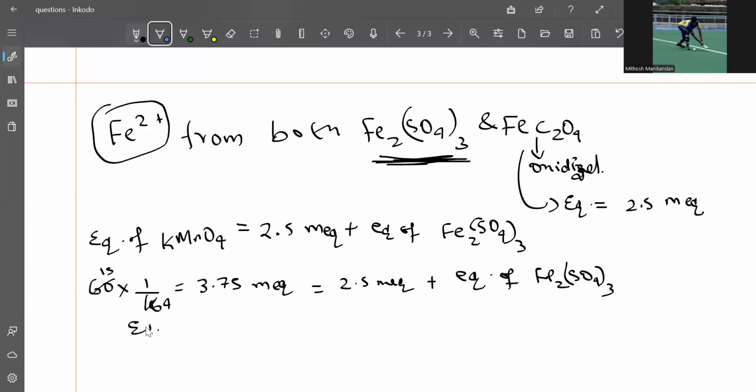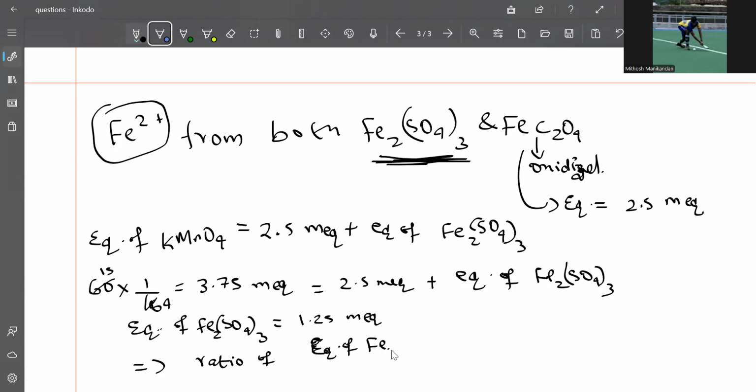So equivalent of Fe2(SO4)3 will be 1.25 milli equivalent, which implies the ratio, you see they're asking, equivalent of Fe2(SO4)3 divided by equivalent of FeC2O4.